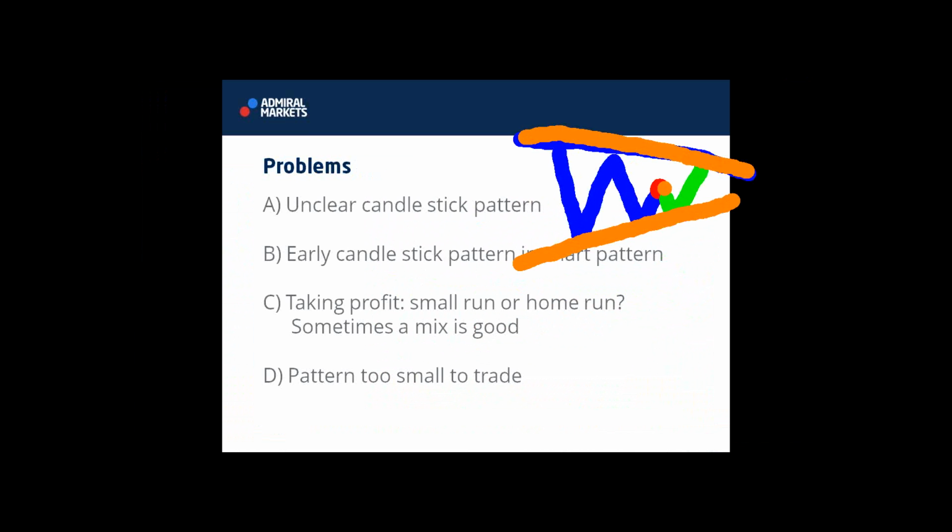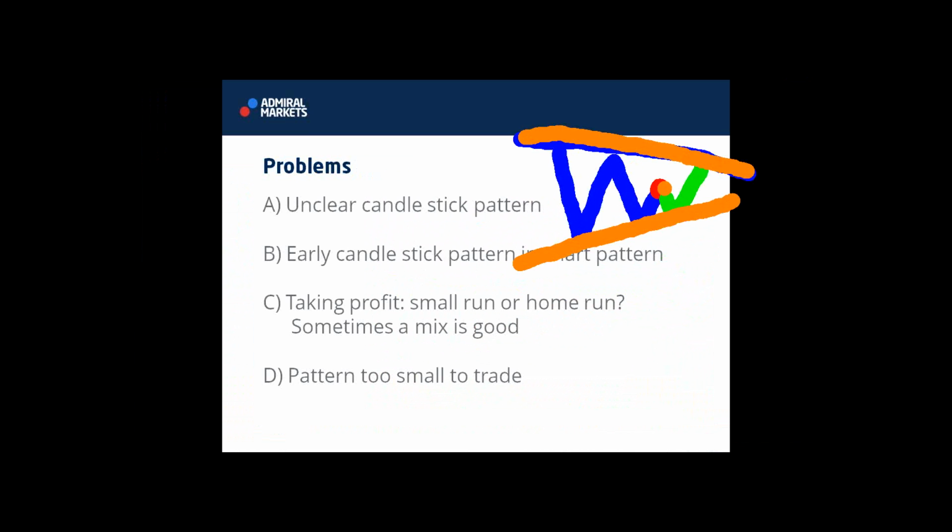So that's what you want to be careful of. You want to be careful of mirages, false things that seem good, but vanish into thin air when we're out of the trade or with a loss. So be careful with early candlestick patterns, and careful with unclear candlestick patterns. That's one thing I wanted to warn about.